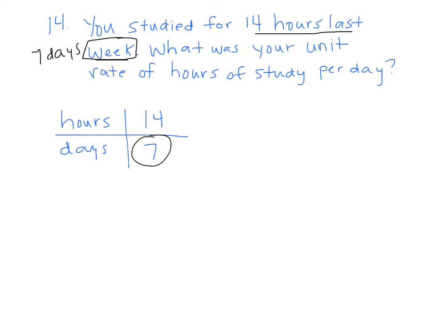A lot of the times on tests and quizzes that you take for this chapter, you're going to see stuff like that where you have to really think, okay, what does that actually mean? So what was your unit rate of hours of study per day? So now I can get my unit rate per day because I can say 7 divided by 7 gives me 1, and 14 divided by 7 gives me 2.